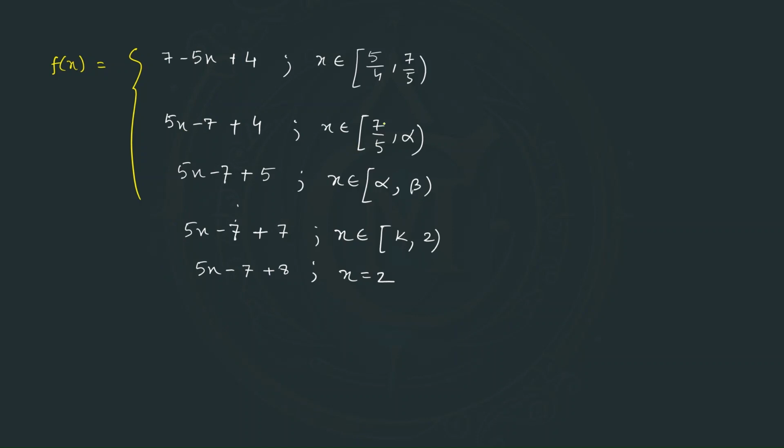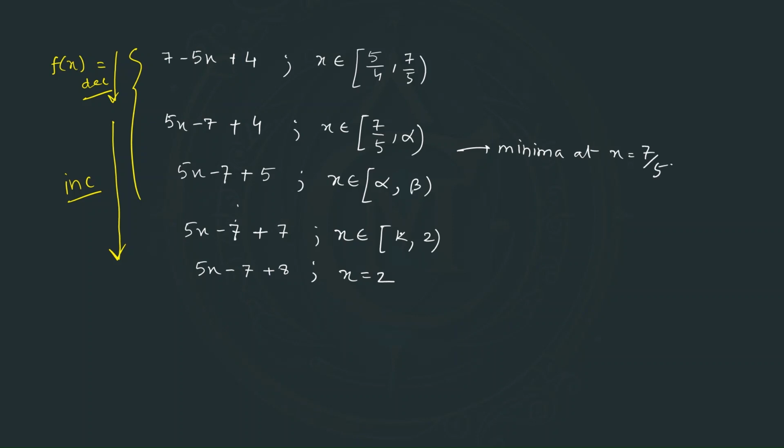Now we can notice that after the point x equal to 7/5, the function actually increases. So the function increases in this direction. And before the point x equal to 7/5, the function actually decreases. That means the function must have some minima at x equal to 7/5.